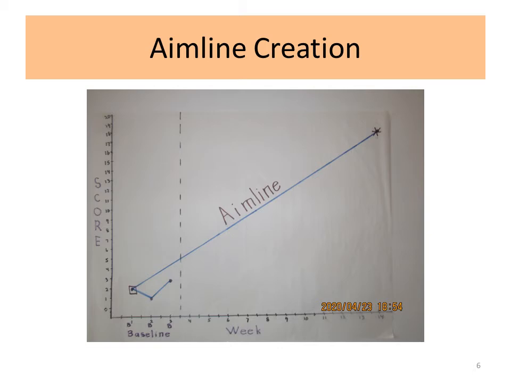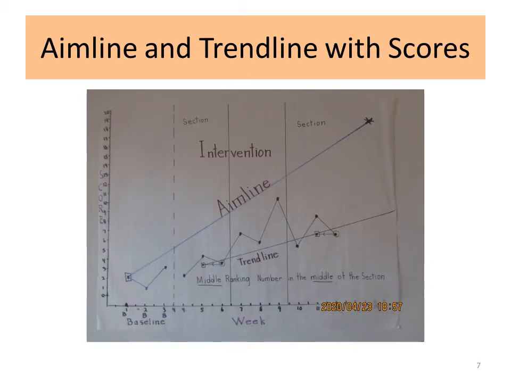Now, is the student going to do that using an intervention? On this slide, you see a number of different things. You see that aim line. That's there, just like it was on the other slide. Now, look what I did.